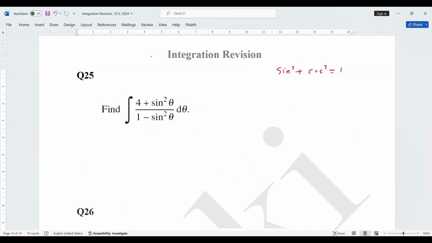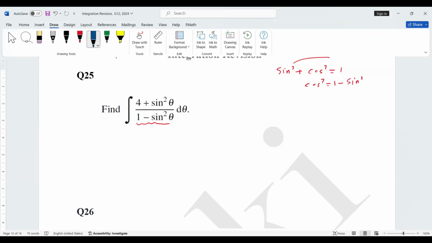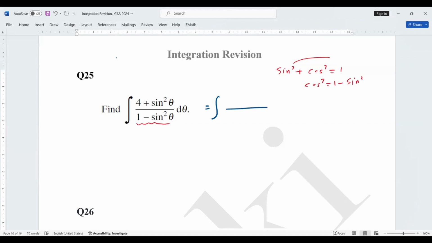So when you shift sine squared to the other side, cosine squared equals 1 minus sine squared. Then we replace 1 minus sine squared by cosine squared. Then the answer is the integration of 4 plus sine squared theta over cosine squared theta d theta.